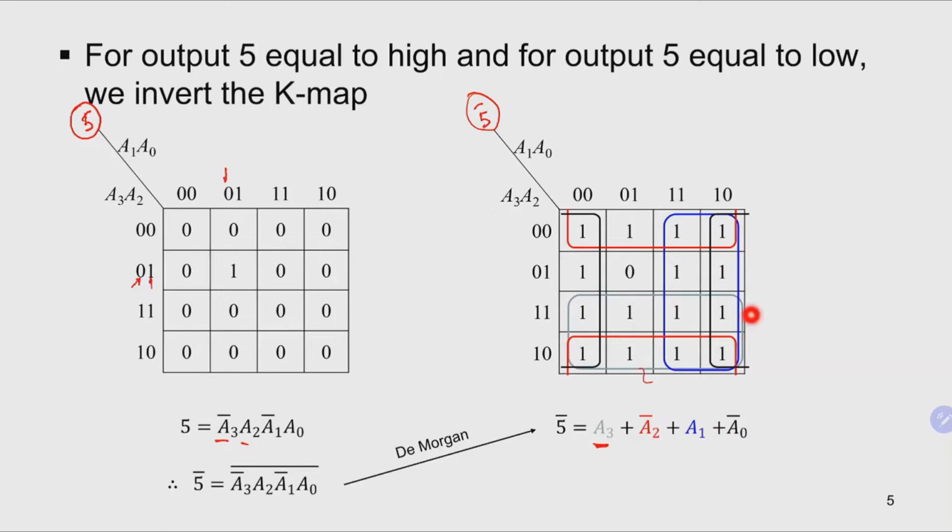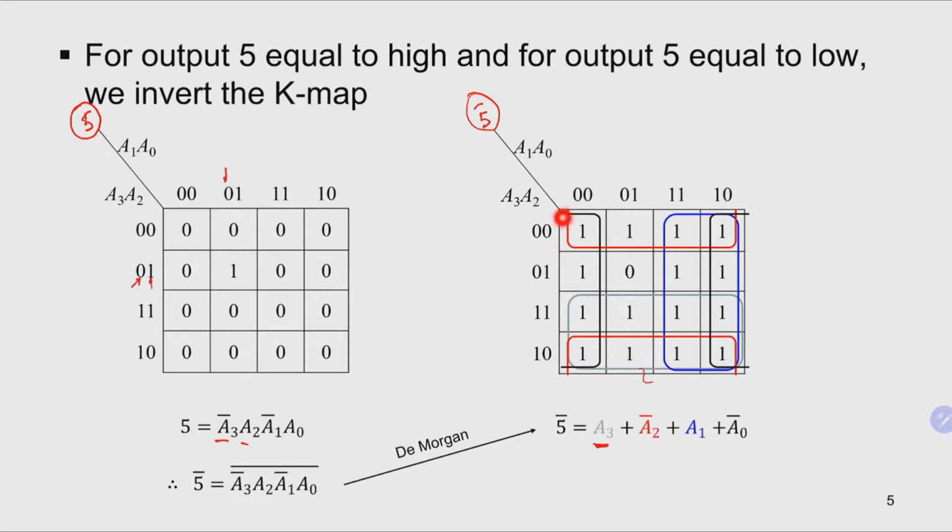Then the blue one here, you can see that it looks from top to bottom, which means that A3 and A2 change, and then A1 stays the same, and A0 changes from 1 to 0. Therefore, the only constant in this loop is A1.